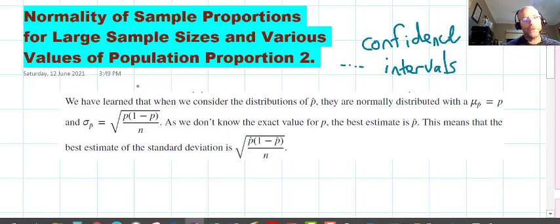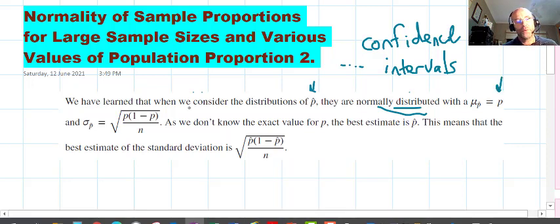And we've learned that when we have distributions of the sample proportion for large sample sizes, they're very well approximated by a normal distribution, where the mean of the sample proportion equals the population proportion, and the standard deviation of the sample proportion is given by that expression there.